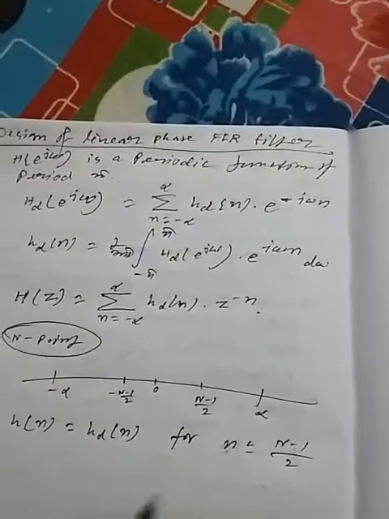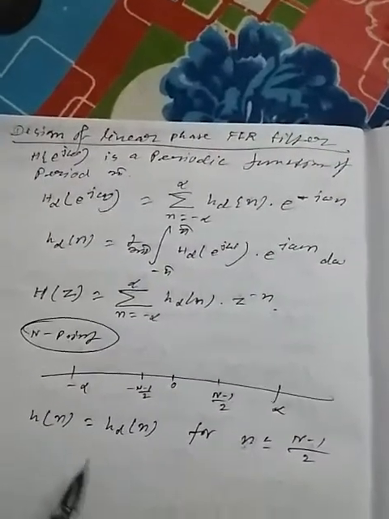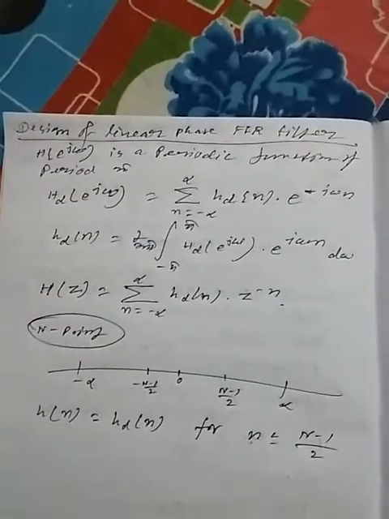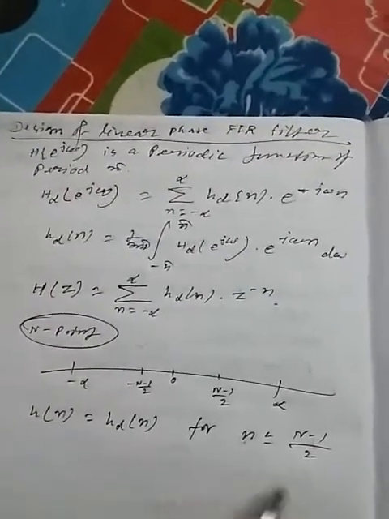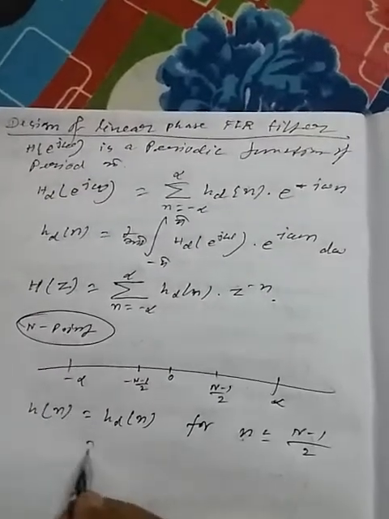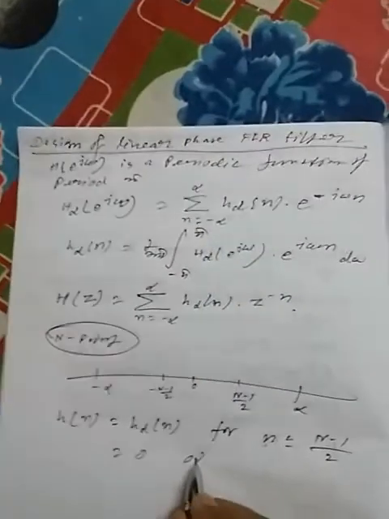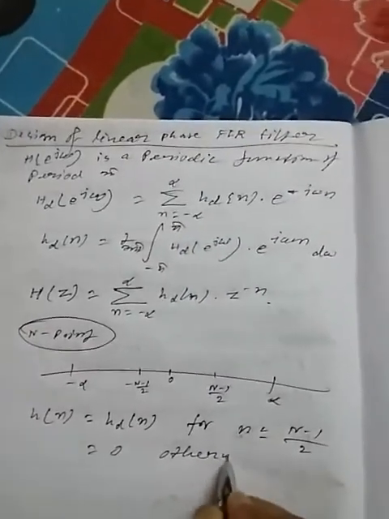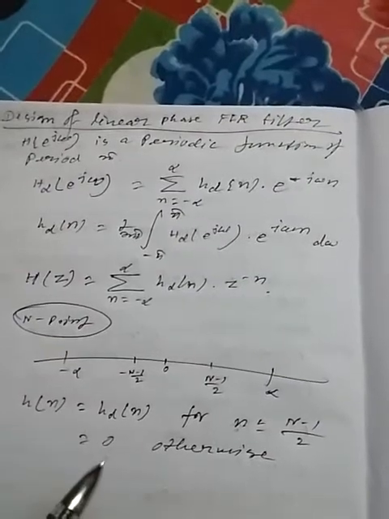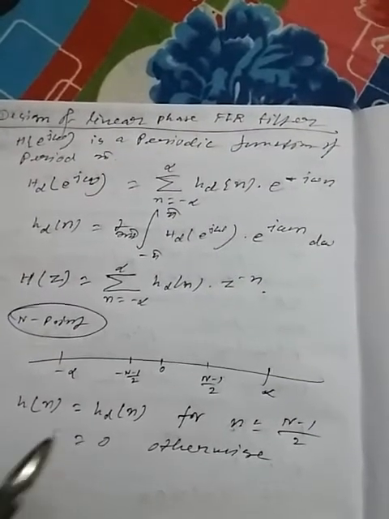That means we are just limiting the value of small n, and it is equal to 0 otherwise. So we are getting finite impulse response of the filter.